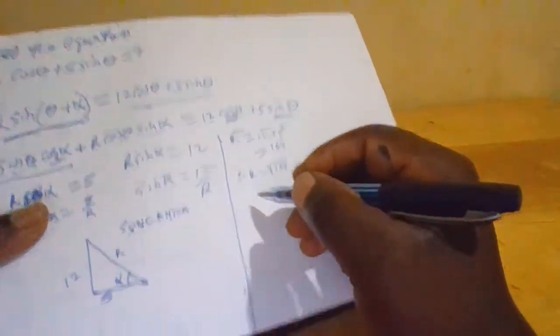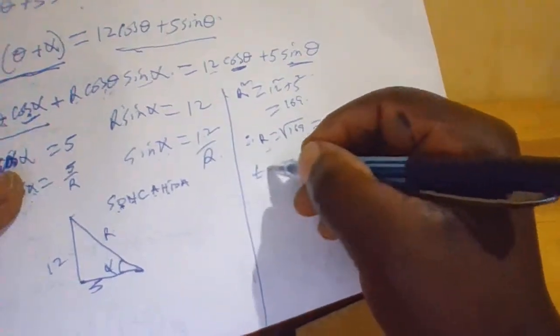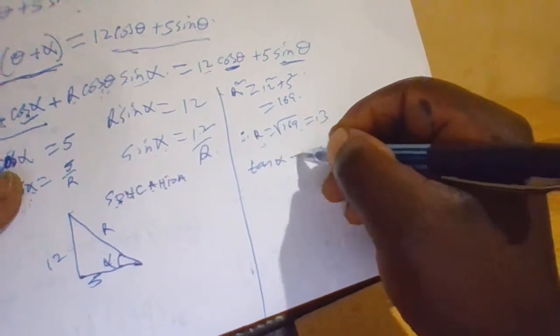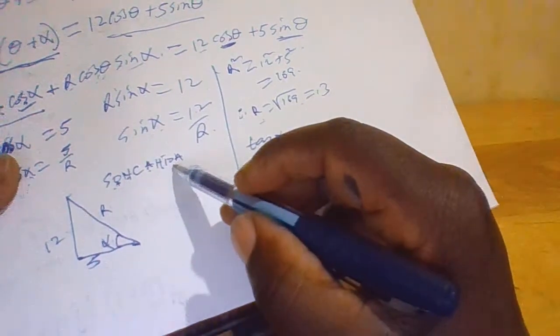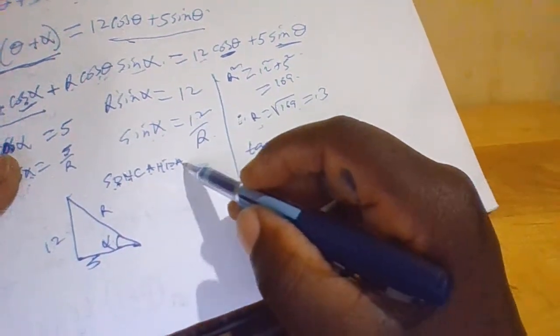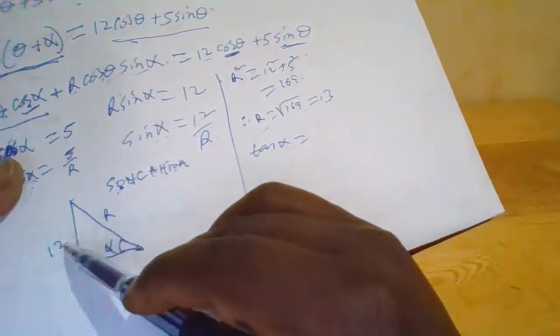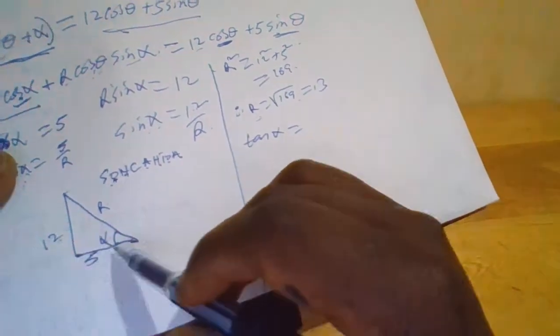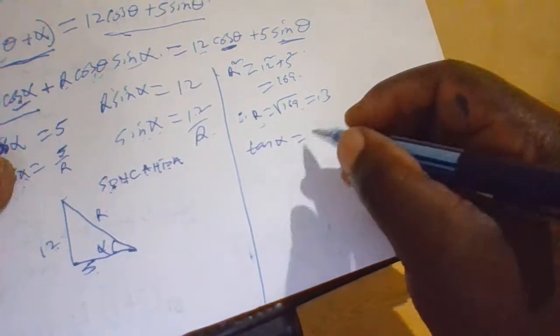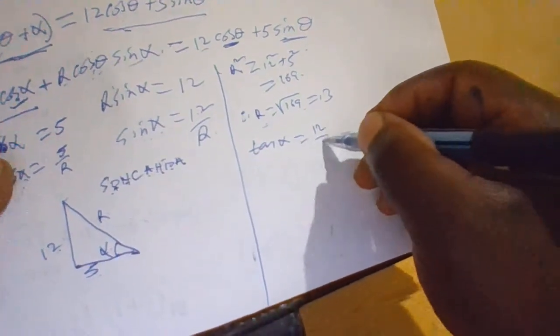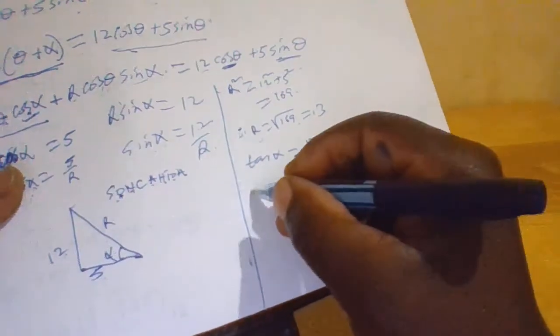We know that tan of the angle is given by opposite over adjacent. So opposite is 12, adjacent is 5. So tan alpha is given by 12 over 5.